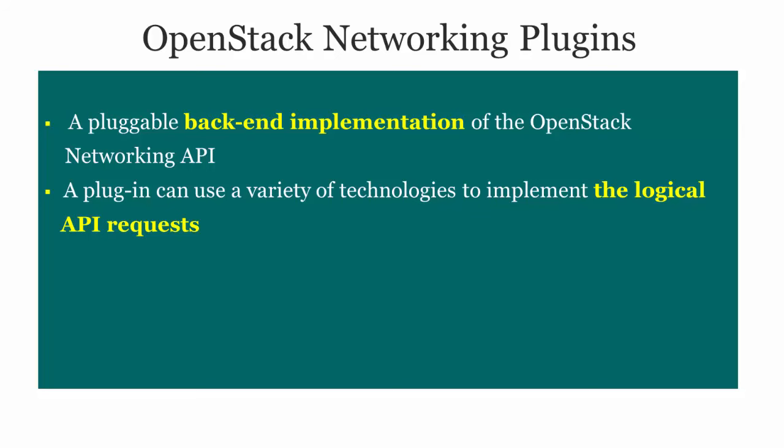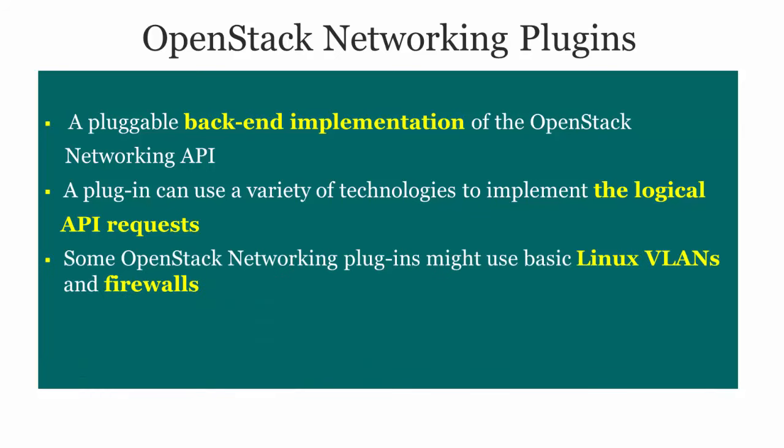So we need to use this kind of plugin service in Neutron. And some OpenStack networking plugins might use basic Linux VLANs and firewalls. So VLAN, normally we can use in L2 like a switch.